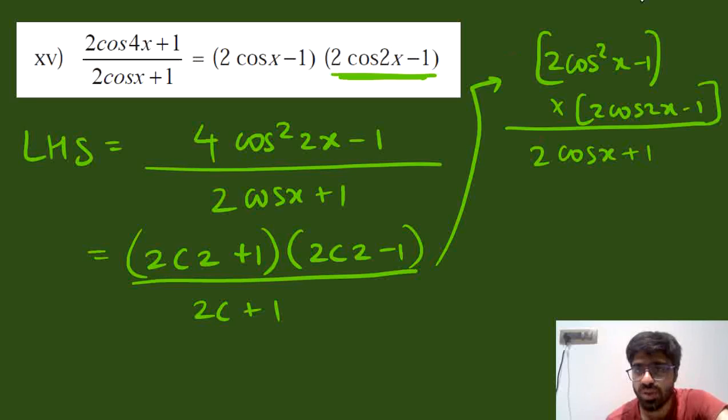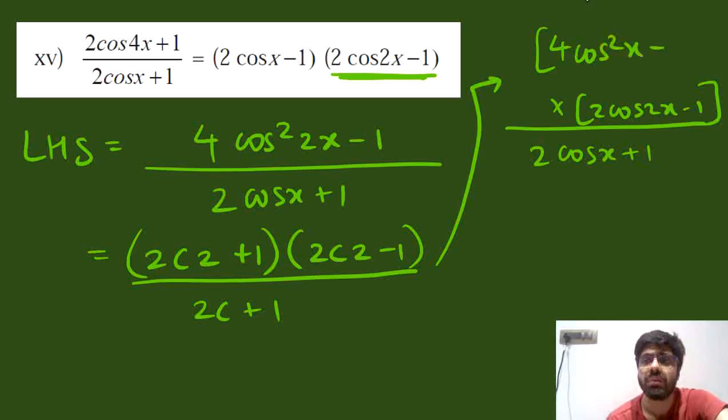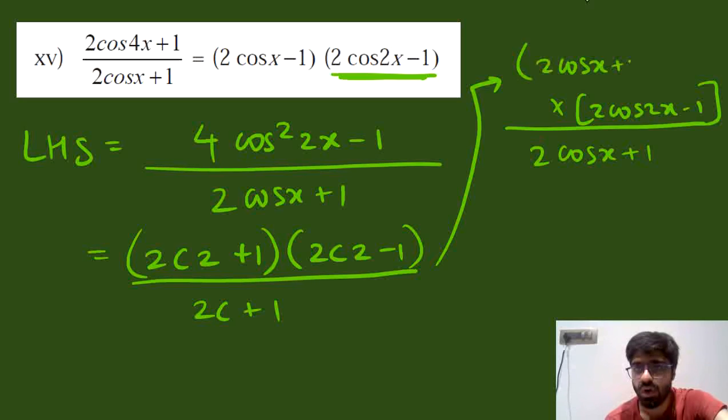Now if we expand this bracket, this would be 2 times 2 cos square x, that is 4 cos square x, minus 2 plus 1. That minus 2 plus 1 makes it minus 1. 4 cos square x minus 1 is going to become 2 cos x plus 1 into 2 cos x minus 1.